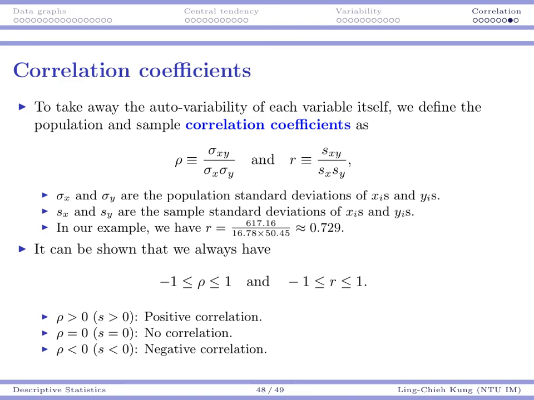If the number is close to 0, then we can say the correlation is weak, or even there is no correlation. As with our example, you may try to verify that if we divide the covariance by the two standard deviations, we get around 0.729. This is our correlation coefficient for our house example.